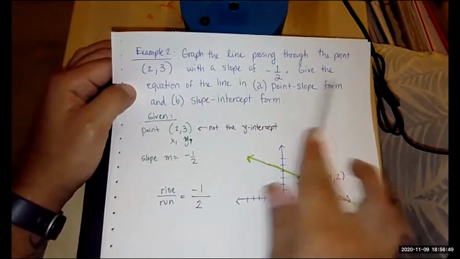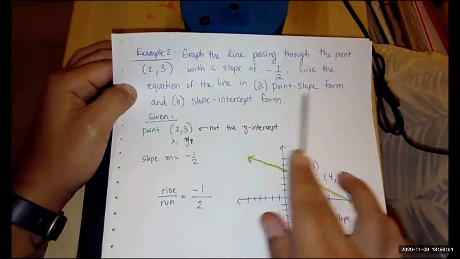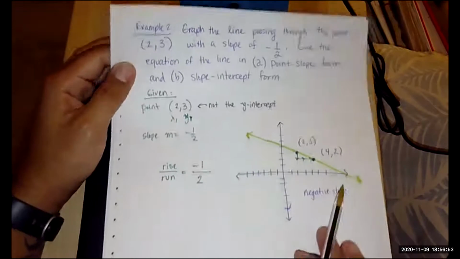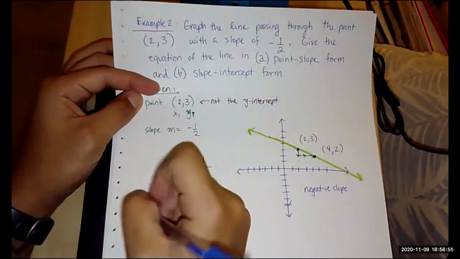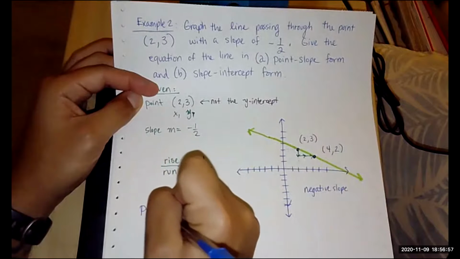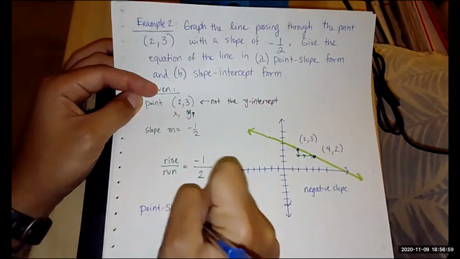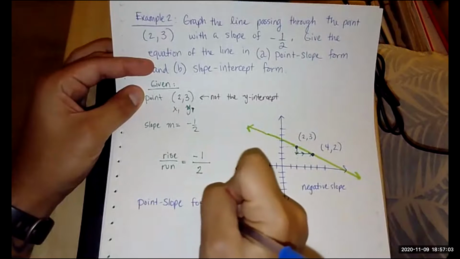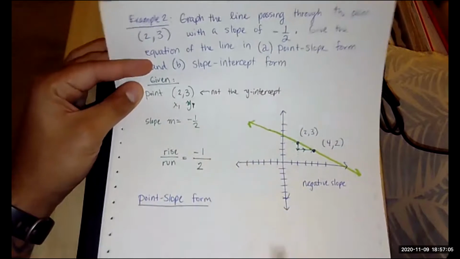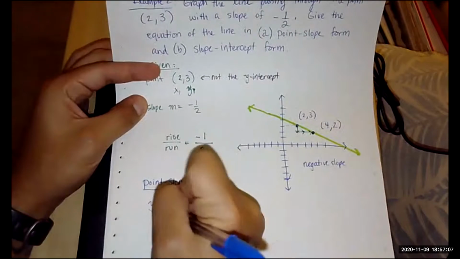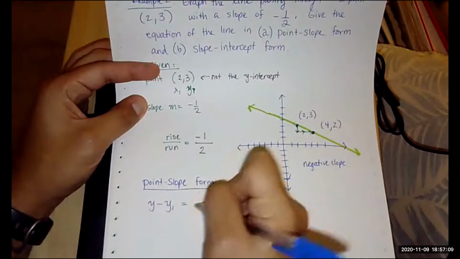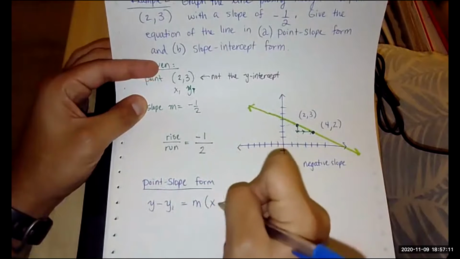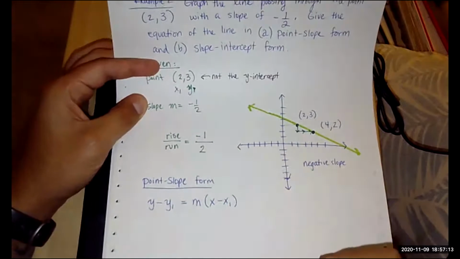And now we have to give the equation in point slope form. Okay. So at this point, you'll have to have the point slope form, the bones of it, if you will, just handy. Just have that formula handy. So what I mean by that is just write y minus y1 is equal to m times x minus x1.